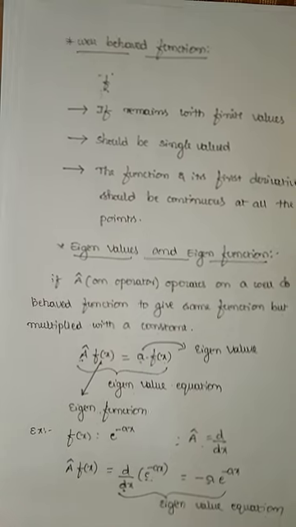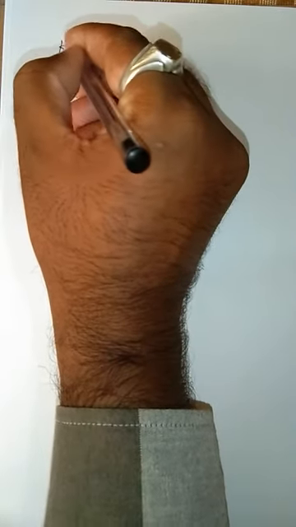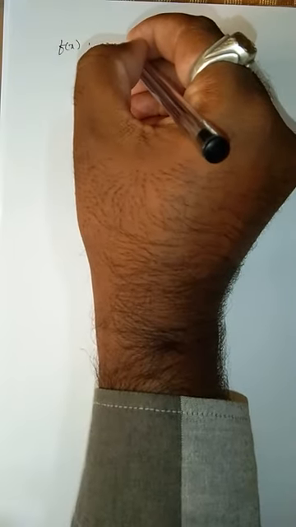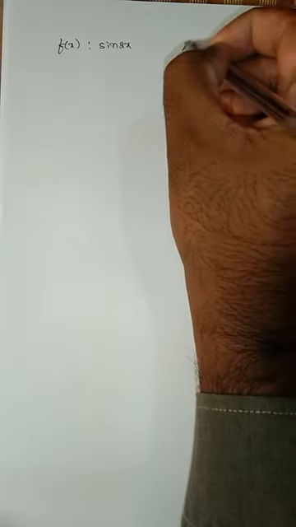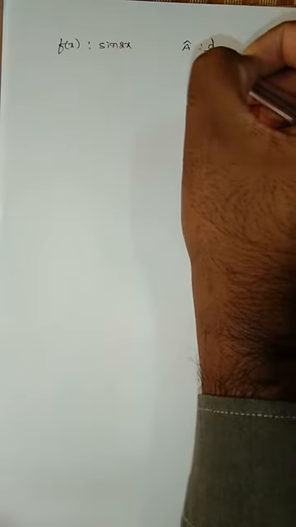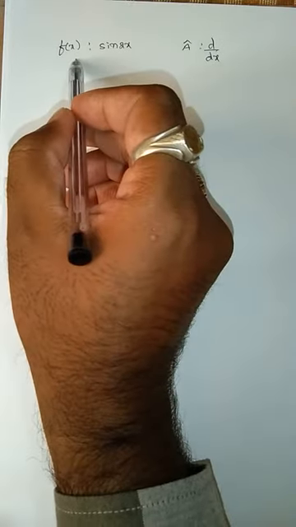Now we shall consider one more example for analyzing the eigenvalue equation. Let us consider a function f of x equal to sine 2x. And let the operator A cap once again be d by dx. Now we operate the operator A cap on the function f of x, that is sine 2x.